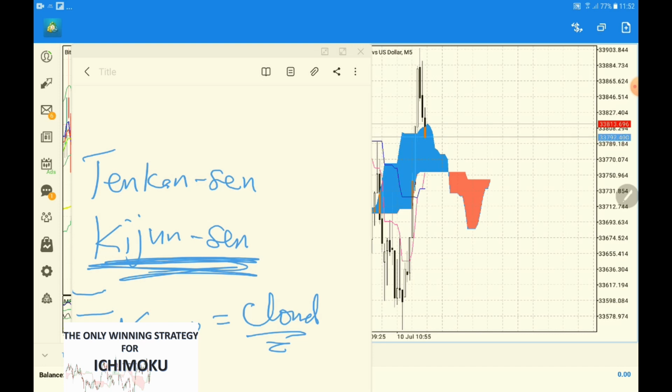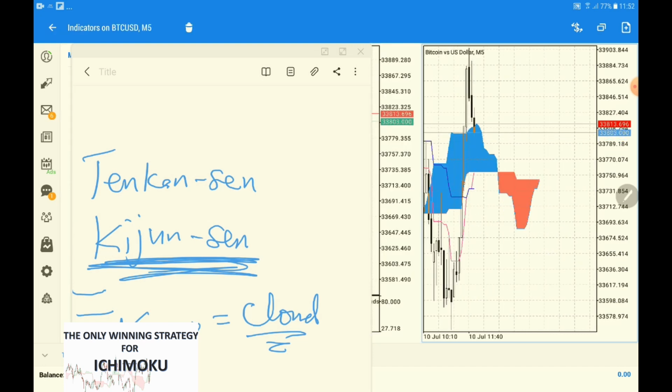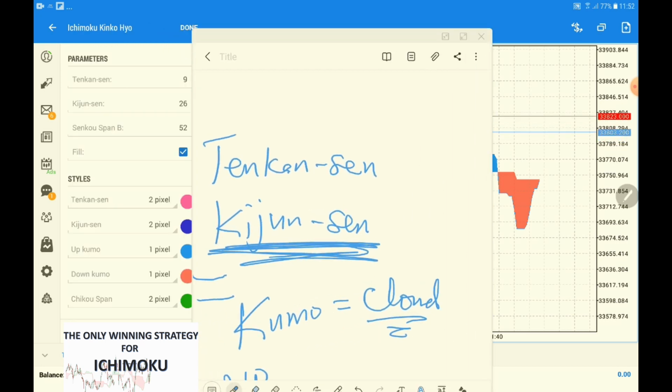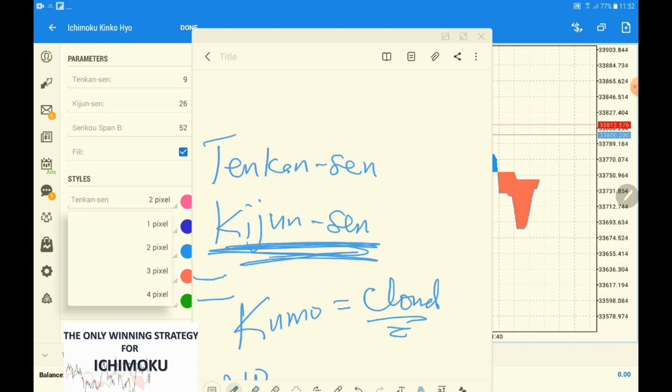Good. Now I want to increase the color of the Kijun-sen. I want to increase the thickness of the Kijun-sen, since it's going to be the one that we will be talking about more in this video. So let's go there. So I have the Kijun-sen. I want to make it big so we can see exactly what it is.